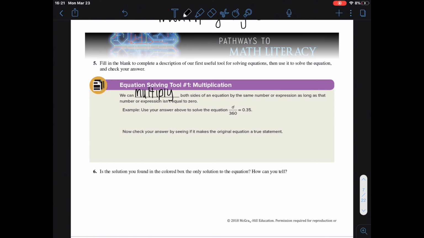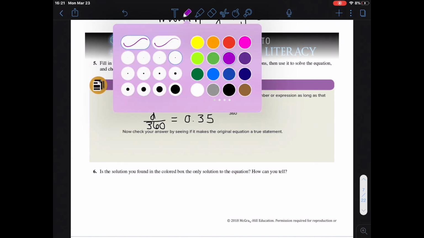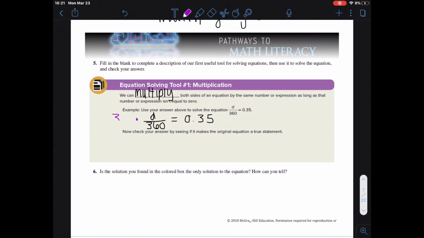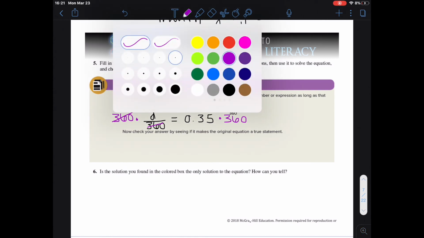So we want to use that above answer to solve this equation. We've got d divided by 360 is 0.35. If we take both sides and multiply by 360, we'll still get a true statement, and that will also cause the 360s to cancel. So what we do to one side, we have to do to the other.